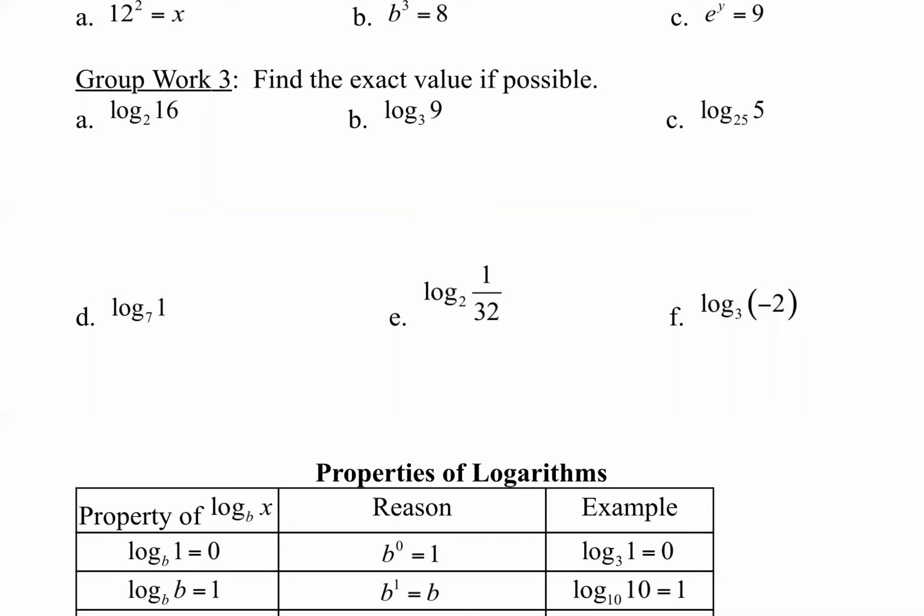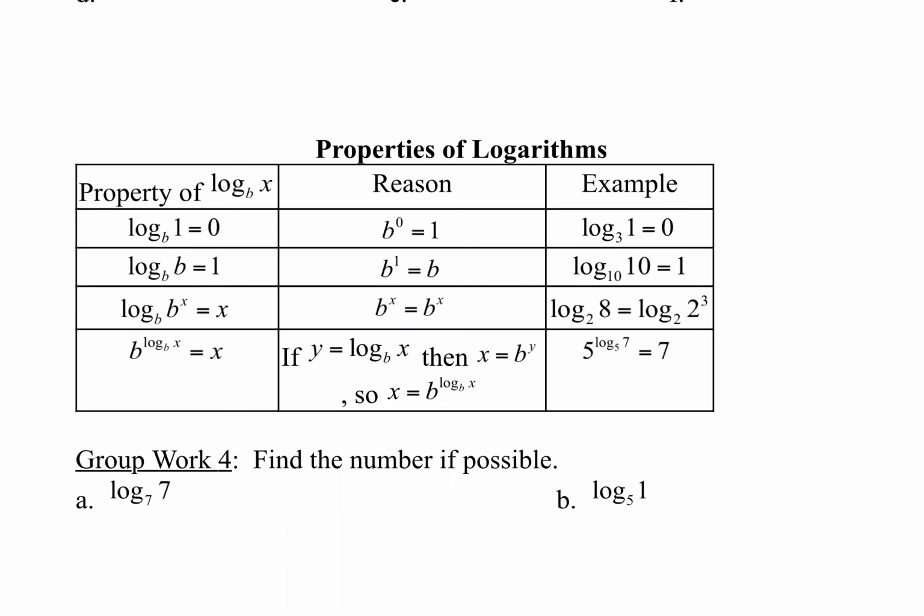Something I do want to focus on real quick is this one down here. 7 to the what would give you 1. If you start typing in a couple ideas, 7 to the first power is 7, so that wouldn't work. But anything to the 0 is 1. That brings me to my chart over here, which is your various properties of logs. First of all, anything to the 0 power is 1.